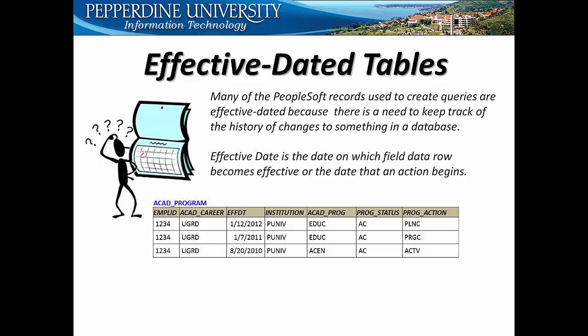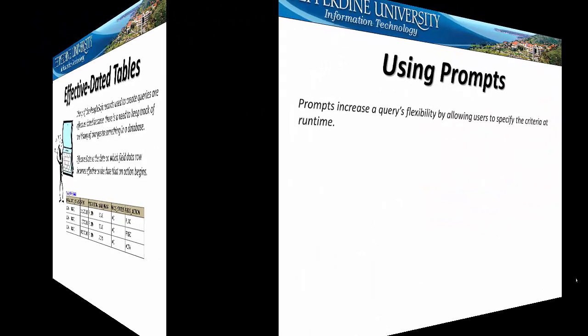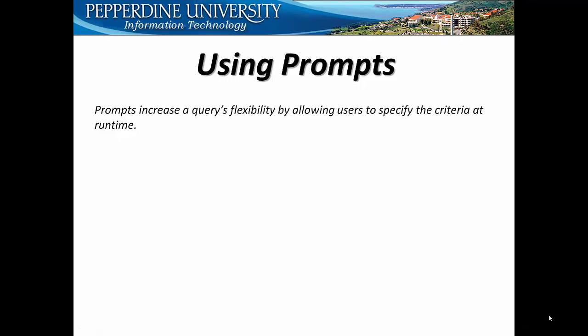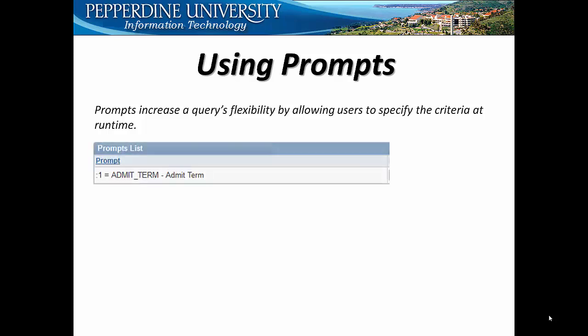Successful query writing depends on knowing how the data is organized and stored in the database. Effective dating is an important concept in PeopleSoft Query because it is a prime factor in what you get for data results. Prompts increase a query's flexibility by allowing users to specify the criteria at runtime. One or more prompts can be implemented as part of the criteria for obtaining specific results as required by the user.